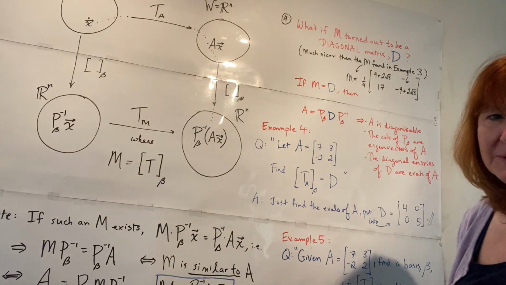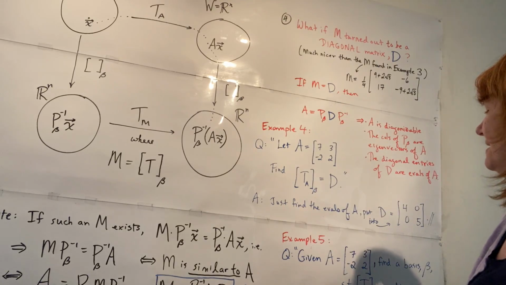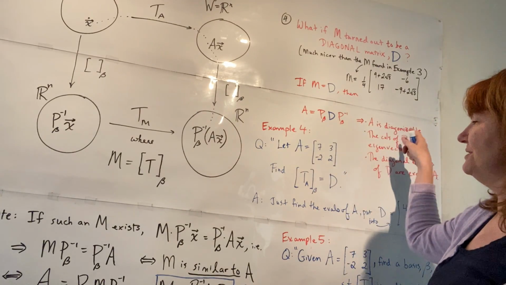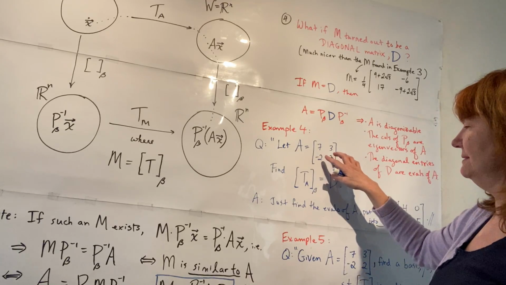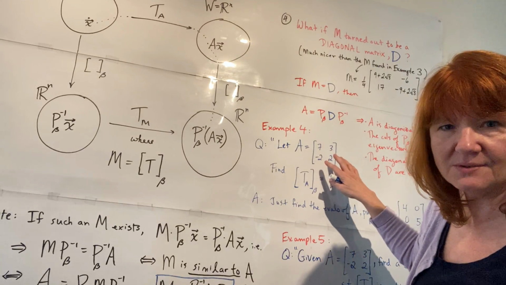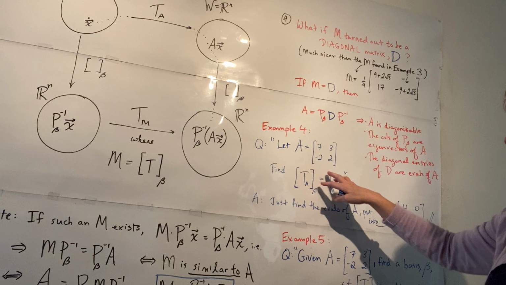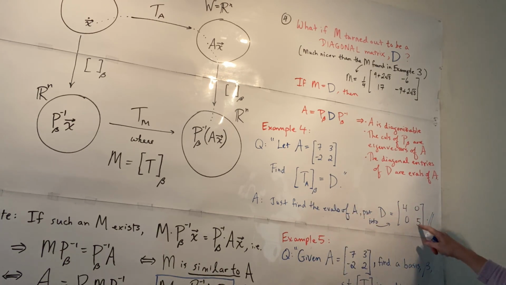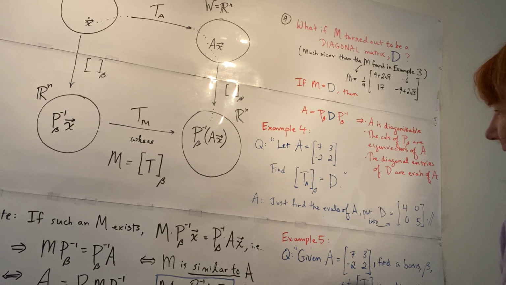That is diagonalizable. By saying that, that should cue all of this result, and you should go, oh, well, let's find the eigenvalues and eigenvectors. Well, but to answer this question, actually, all you really need to do is just find the eigenvalues and put them in that way.